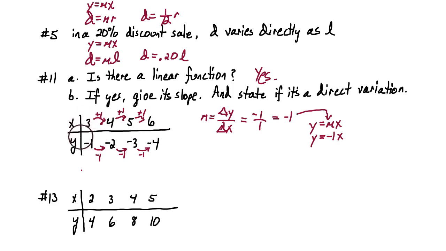For instance, the first one is 3, -1. And substitute those values in for x and y. Y is -1, and the x is 3. Does this make a true equation? No, it doesn't. So this is not a direct variation. It is a linear function, but it's not a direct variation.